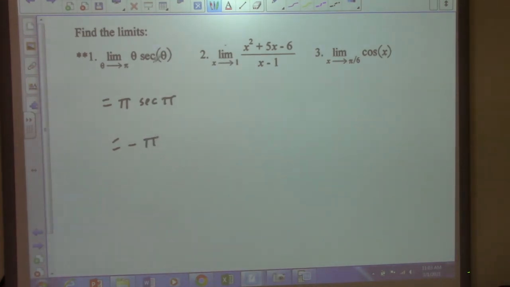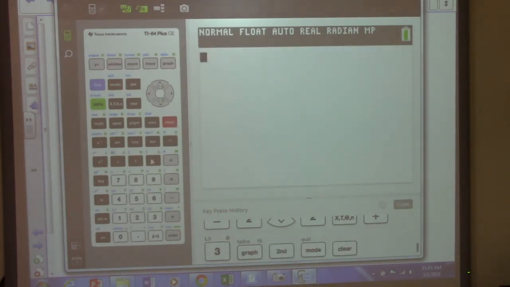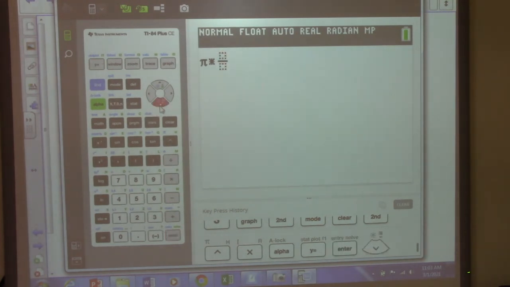And you could try this in: pi times 1 over cosine pi.